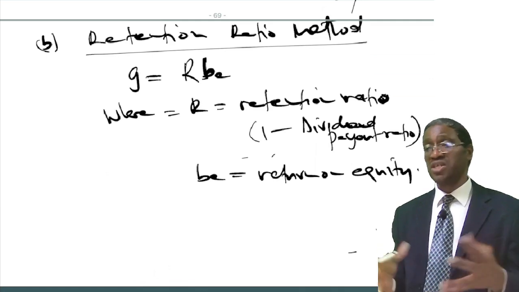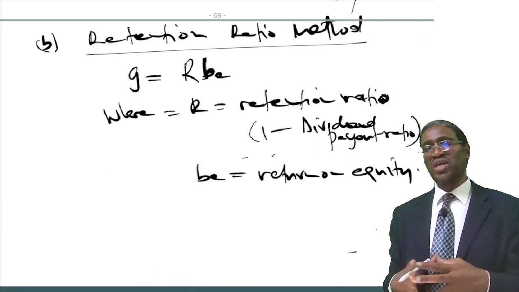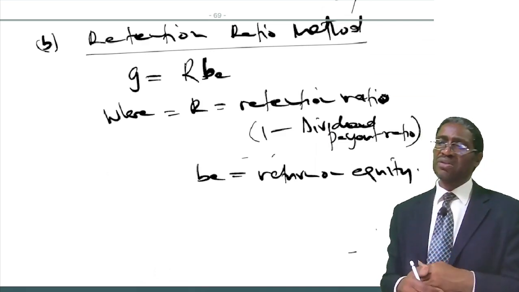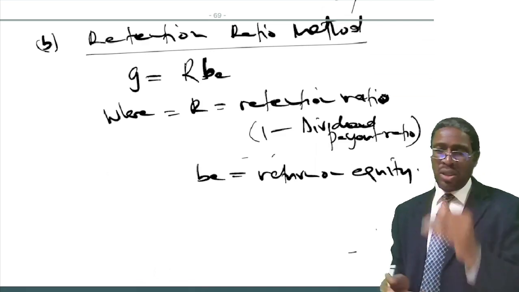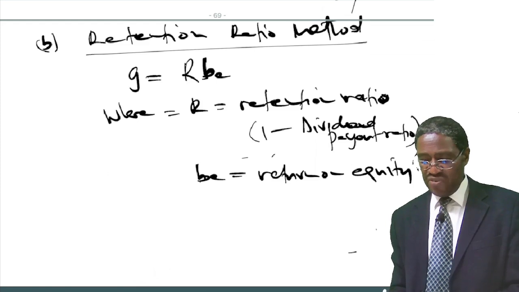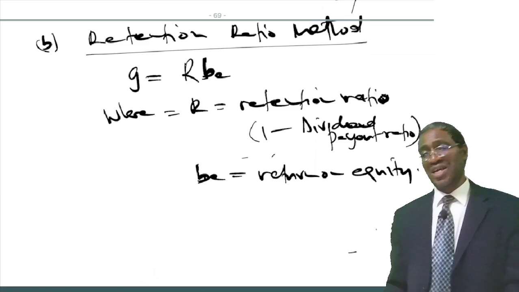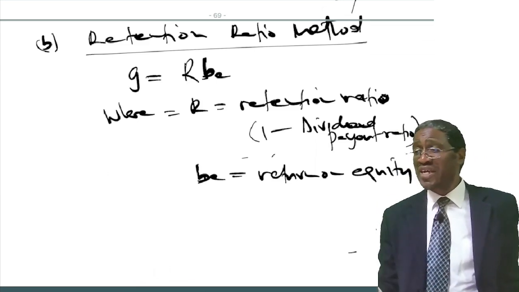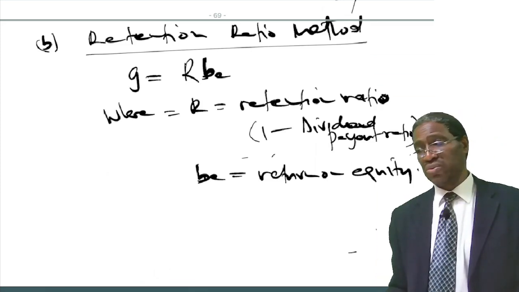If you want to get the retention, you can also take the retained earnings per share divided by earnings per share. Then BE, we are calling it the return on equity. That's a ratio you will be given. What is the return on equity? It is 20%, 15%, whatever the examiner will give you.